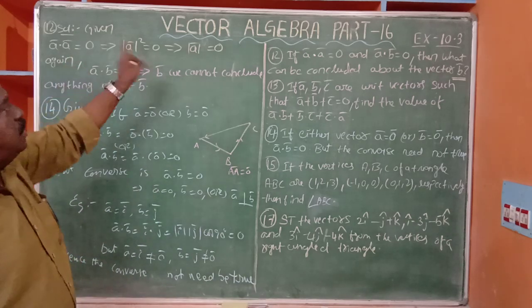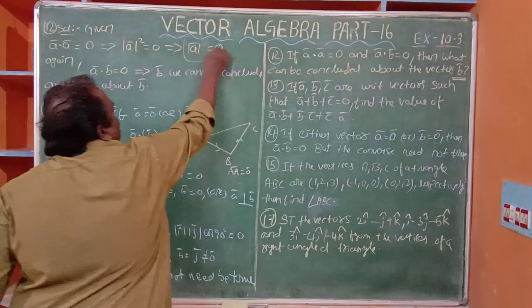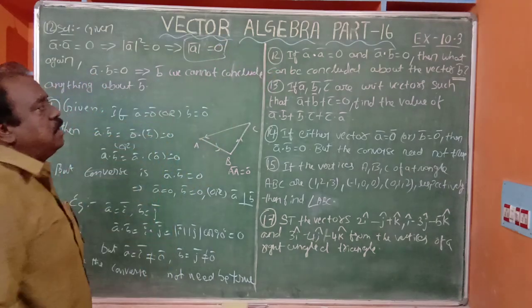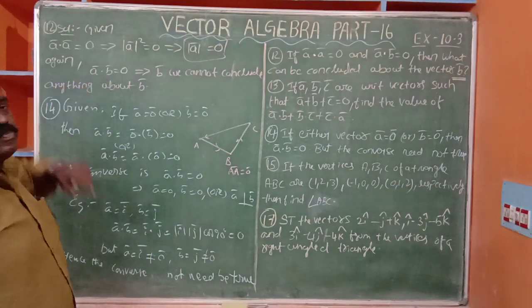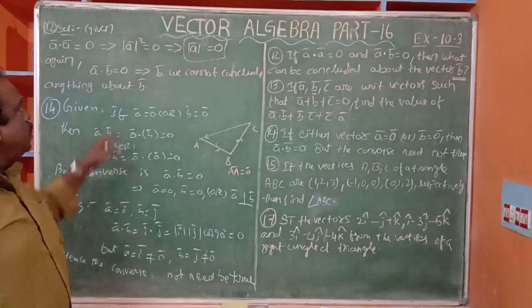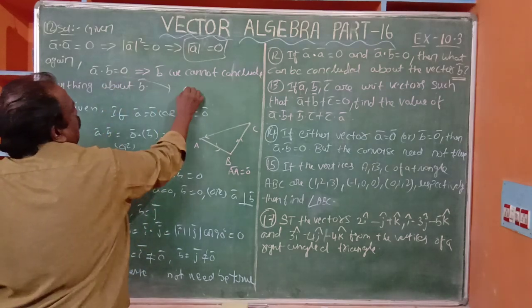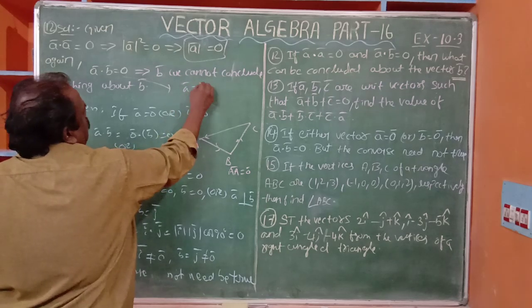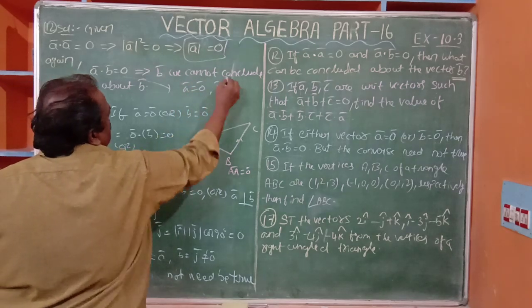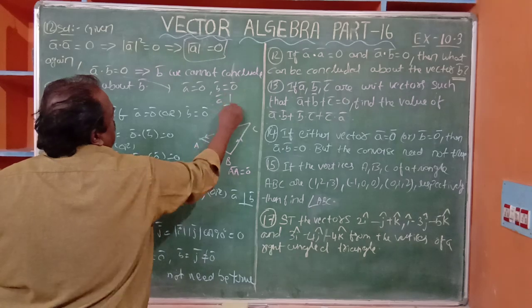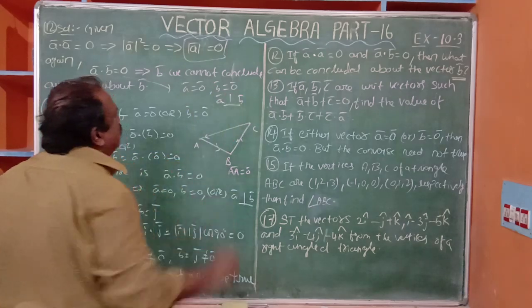So that is one result. And again we are given a bar dot b bar is equal to 0. A bar dot b bar is equal to 0 means either a bar is a null vector, or b bar is a 0 vector, or a bar is perpendicular to b bar.